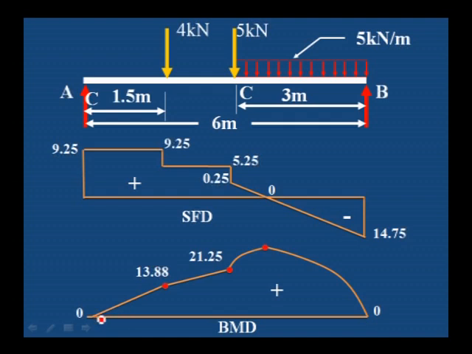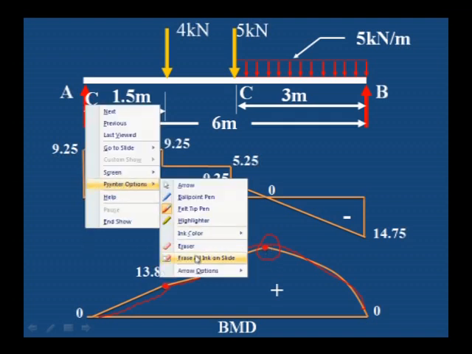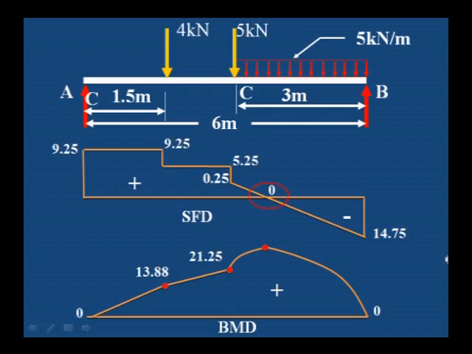You can observe here from A to D it is an inclined line, and D to C it is an inclined line, and then from C to B it's a parabolic line, and this portion is rising because here we will get the maximum bending moment. We have to find the point where shear force changes its sign and then calculate the maximum bending moment value.